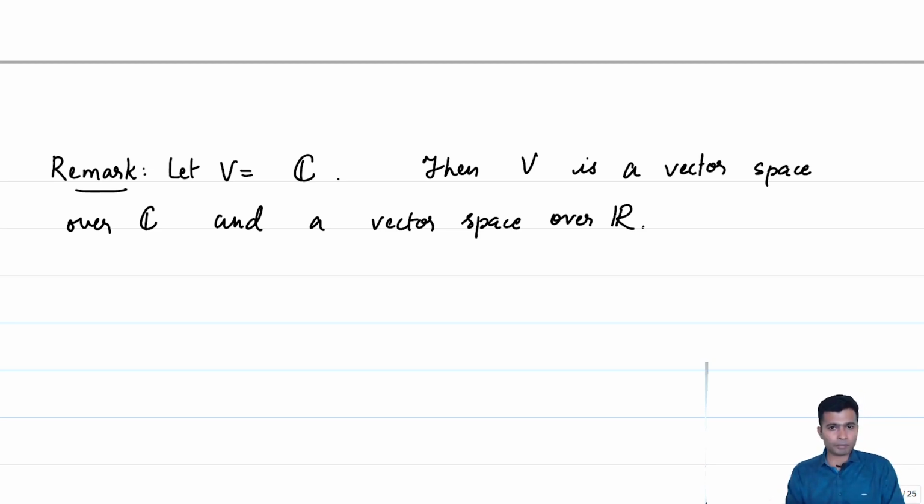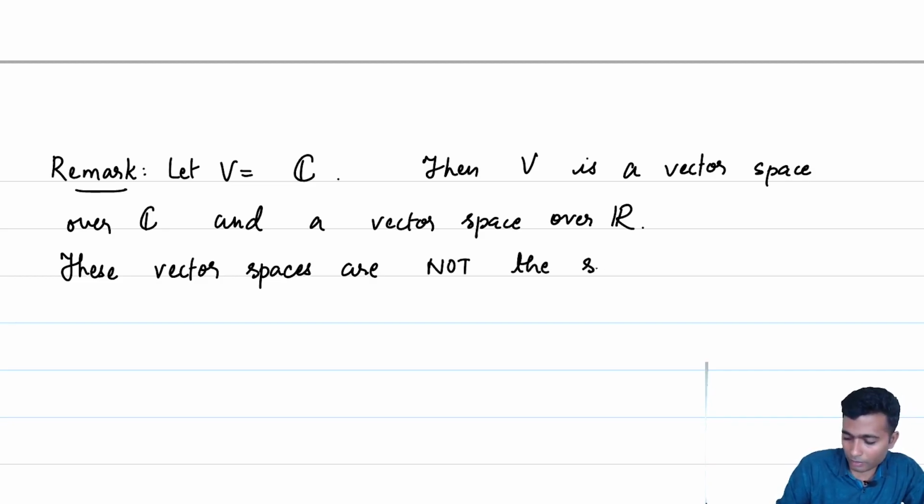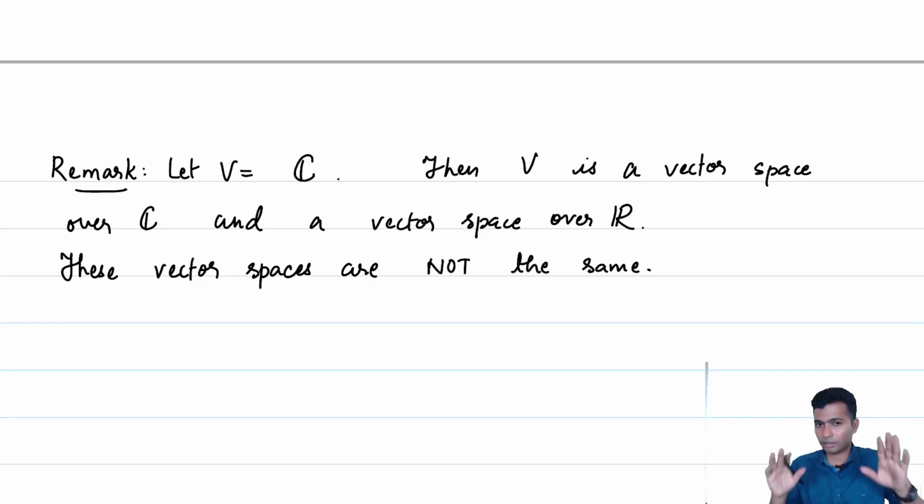However, it should be kept in mind that even though it is the same set which becomes a real vector space or a complex vector space, these vector spaces are not the same. Remember that a vector space is not just the set, it is a set with two more operations.